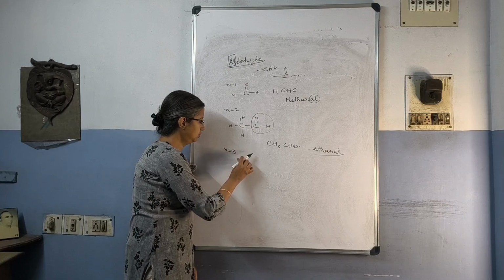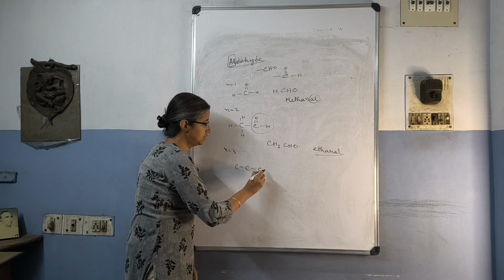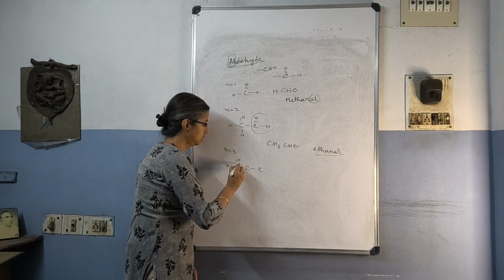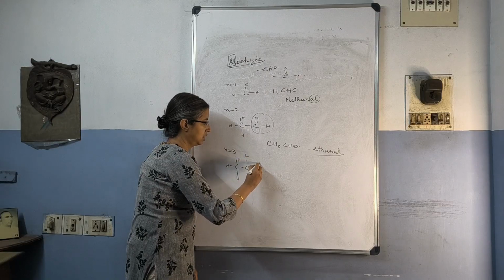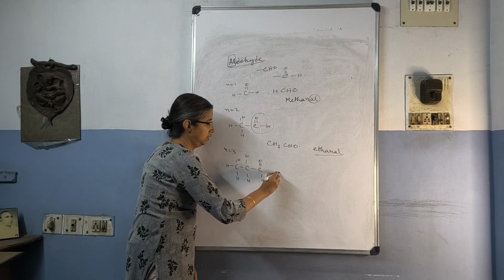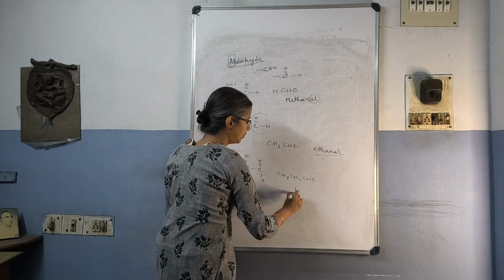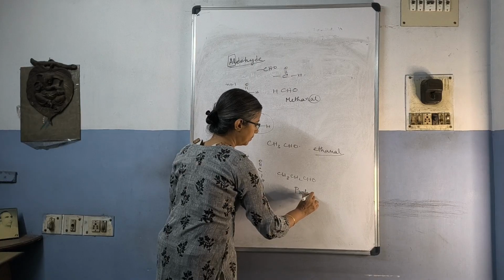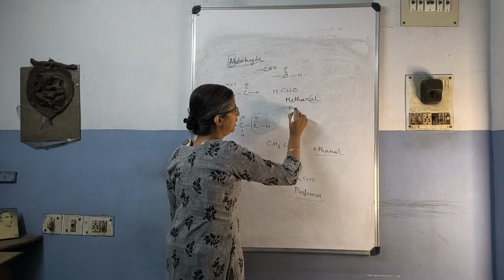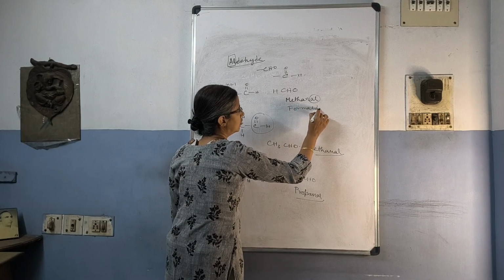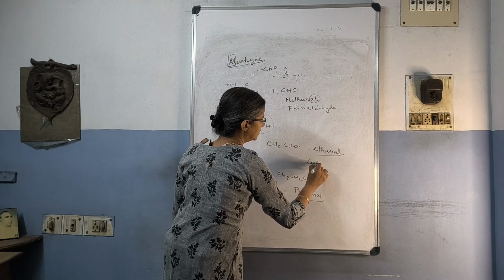Then n equal to 3, that is C bond C bond C, so it is CH3CH2CHO. This is called propanal. By the way, this methanal is known as formaldehyde, its common name. And this ethanal is known as acetaldehyde.